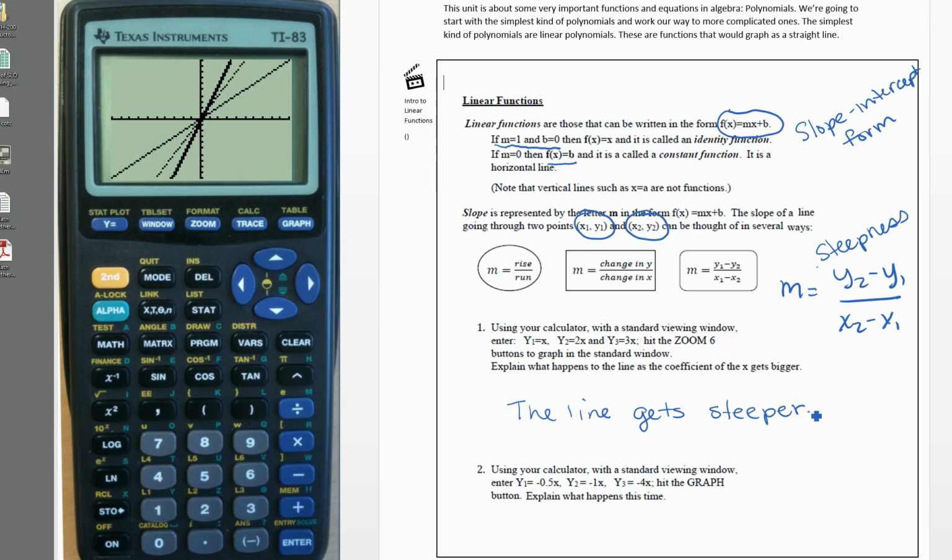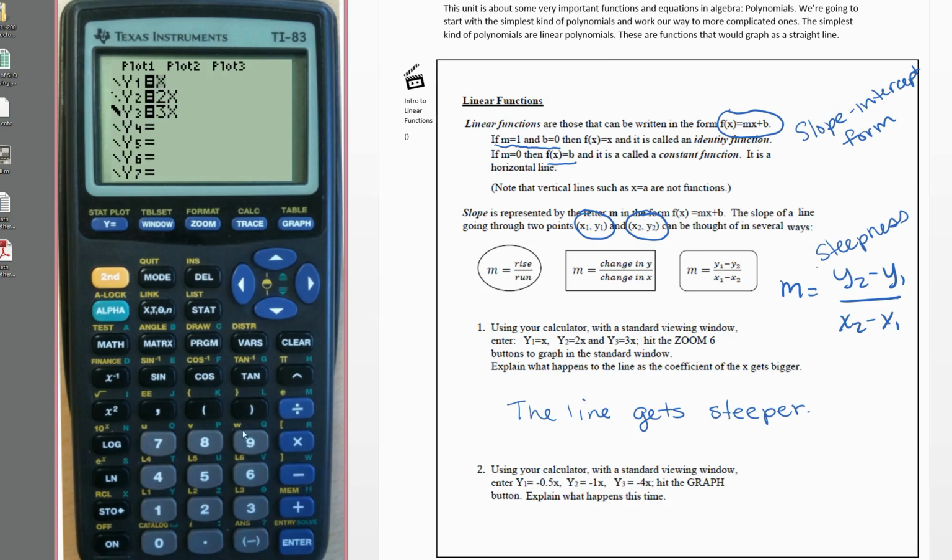Okay, now we're going to use our calculator and we're going to look at some negative slopes. So in y1, we're going to put negative 0.5x. In y2, we'll put negative 1x, which we don't even have to put the 1. And in y3, we'll put negative 4x. Now, like I've said, the negatives means it's going to be decreasing. So they're going to be flipping and going the other way.